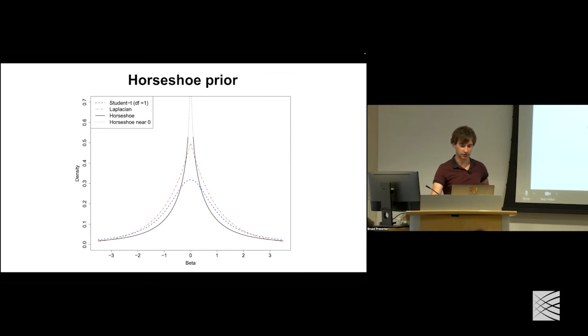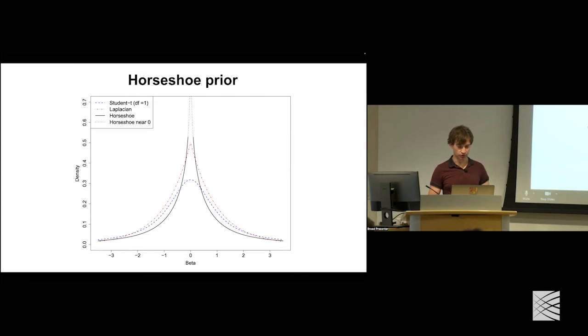One particular implementation of this idea goes under the name of the horseshoe prior, and it is depicted here. Let's just look at this plot quickly. First of all, in blue, we have a student t distribution, which is a fat version of a normal distribution. You see it has fat tails. Then we have a Laplacian distribution in red, which again is a fat tail distribution. But then in black, we have the horseshoe.